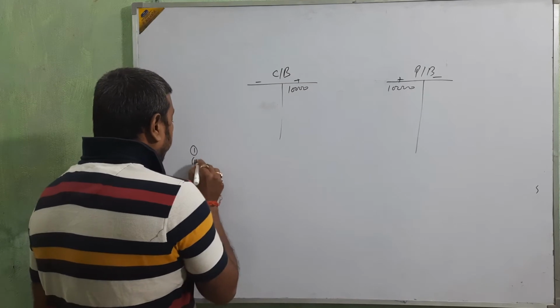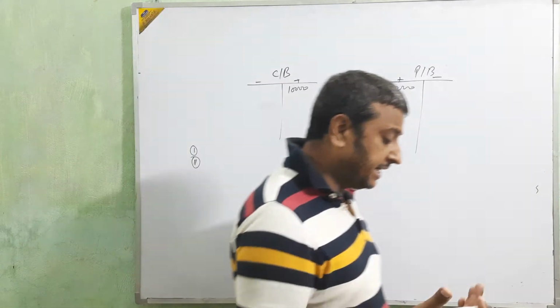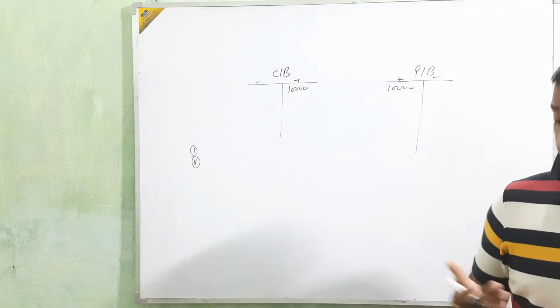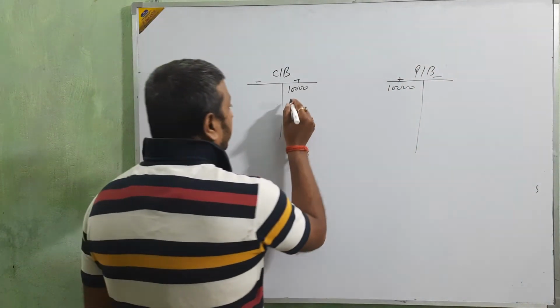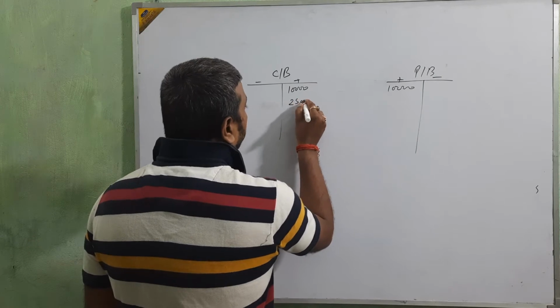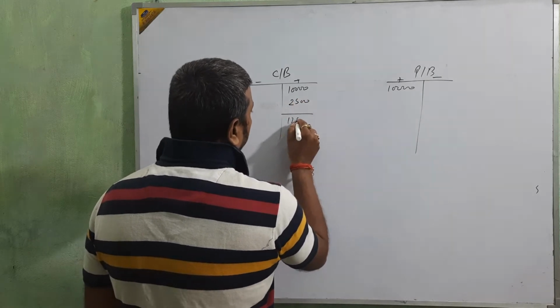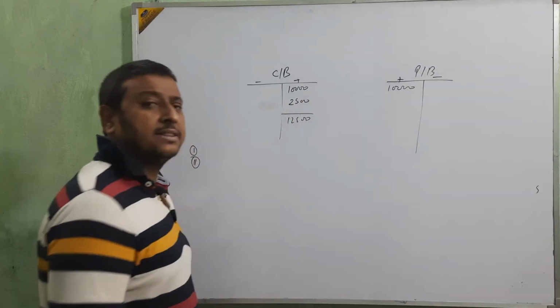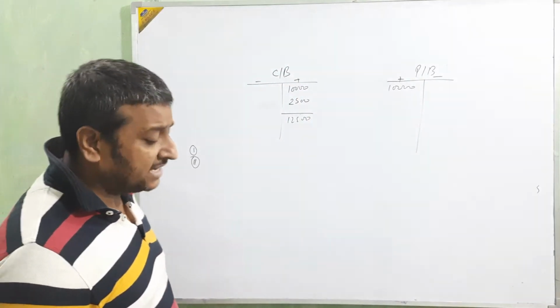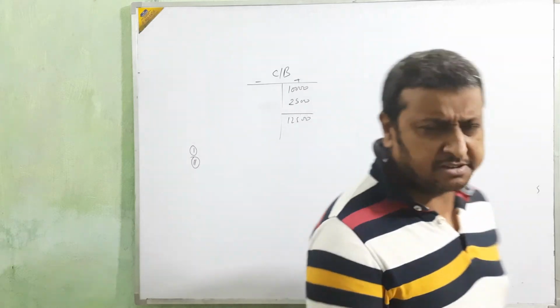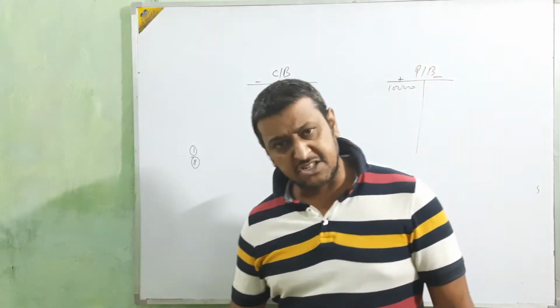Next, go for the second: check sent for collection. If you are collecting a customer's check and sending it to the bank, then before sending it to the bank you add this, so your amount is 12,500. But it has not come to the bank and is not collected by the bank, for any reason, or our date is changed.